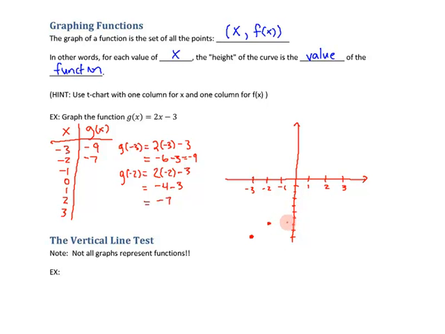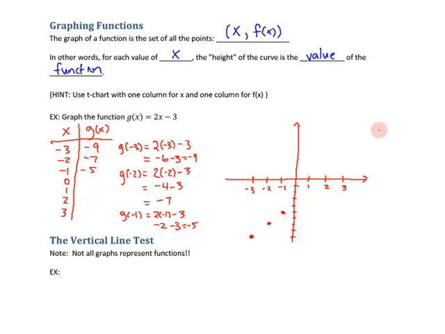There's my height. If I do g of -1, I'm going to be 2 times -1 minus 3 gives me a -2 minus 3, or -5. -1, -5 is right there.